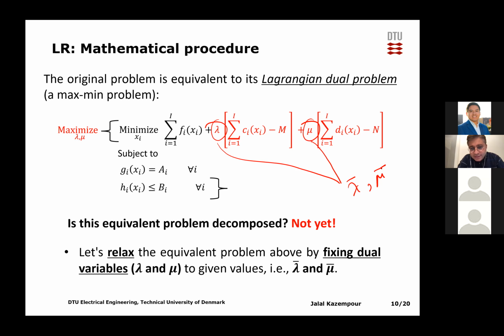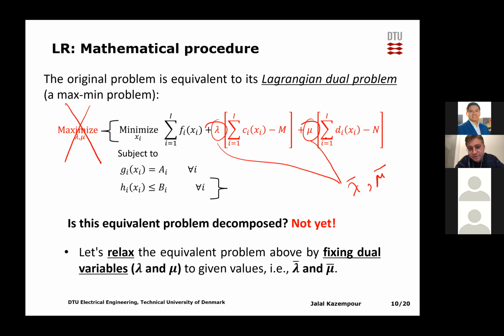If I do that, then the maximization problem is gone, because I've fixed lambda and mu to some given values. We are not optimizing them anymore. So we don't have a maximization term there. Lambda and mu, as dual variables, are now treated as parameters.